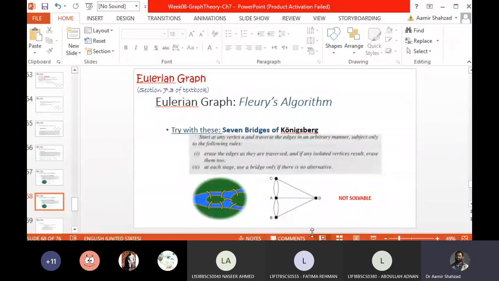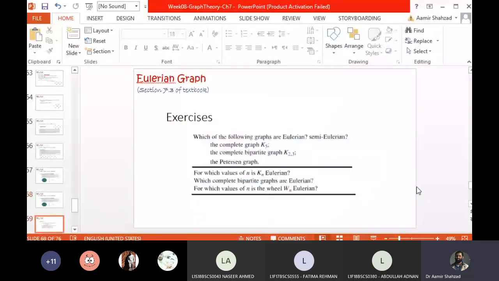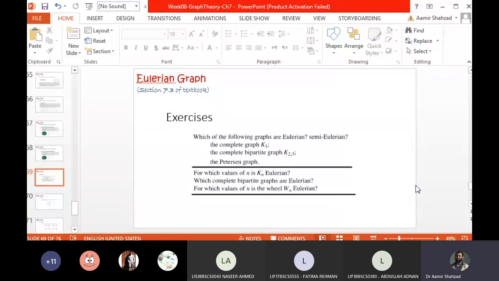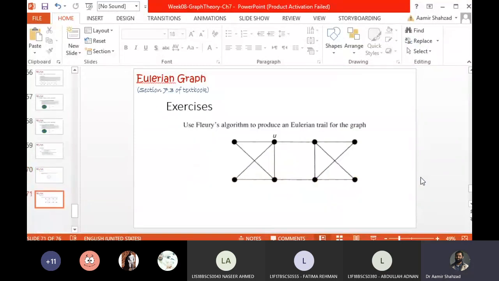So all of these vertices have odd degree. जबकि Eulerian ग्राफ की कंडीशन क्या है? Each and every vertex should have even degree. So that's why Königsberg problem is not solvable. And next, there are some exercises you can do. You have to draw some Eulerian paths on it and so on.